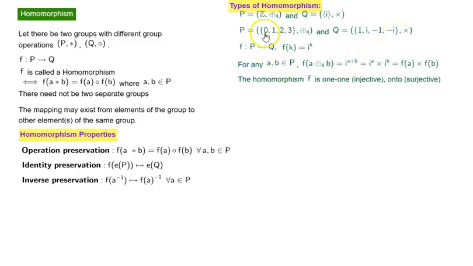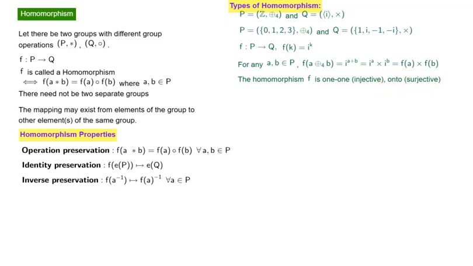So here, each element of P maps to a single element of Q. So 1-to-1. And onto is what? In Q, there is no element left out. Every element is mapped by an element of P. If there are some elements left out, then we won't call it surjective.